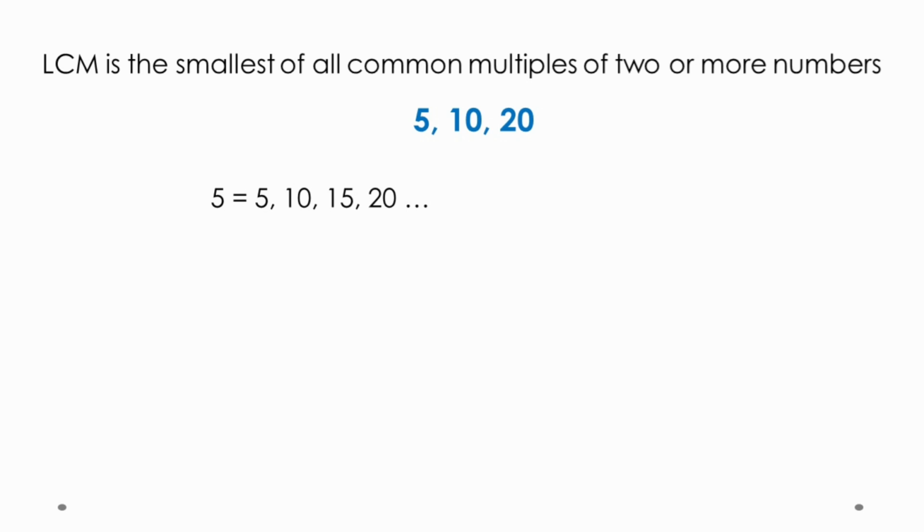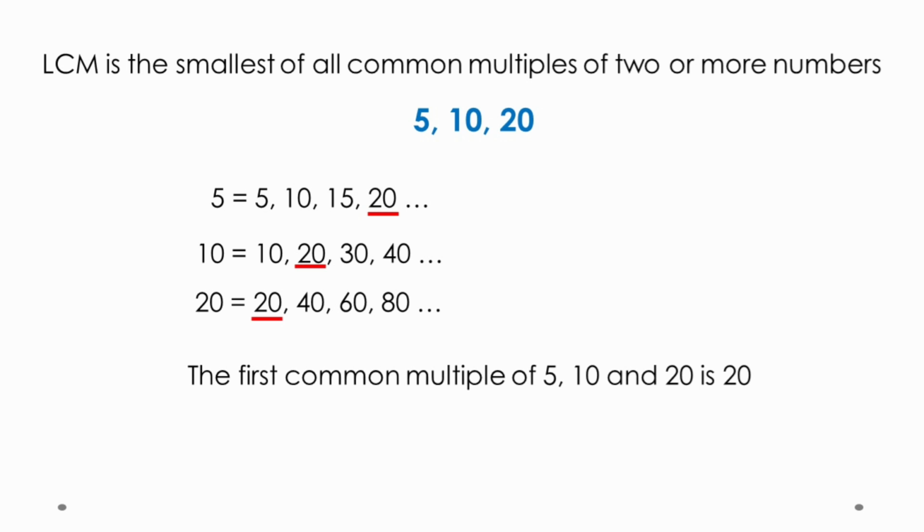Multiples of 10 would be 10, 20, 30, 40 and so on. Multiples of 20 would be 20, 40, 60, 80 and so on. You would observe that the first common multiple of 5, 10 and 20 is 20. Therefore, the least common multiple of 5, 10 and 20 is 20.